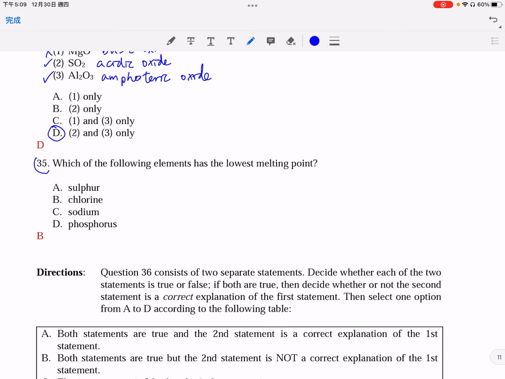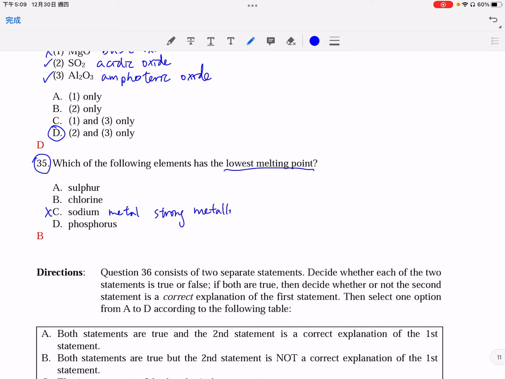Question number 35. Lowest melting point. First of all, we can exclude the sodium because it is a metal. There are strong metallic bonds in the structure. And then among the other three options, we have to consider the molecular size.